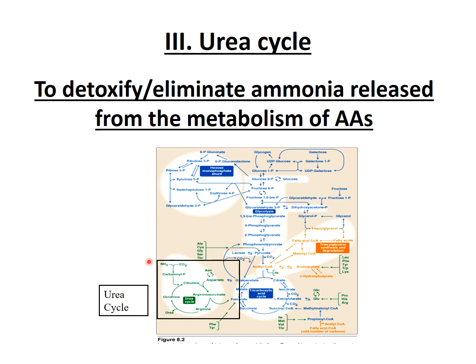We detoxify it through the urea cycle. Again, liver specific makes sense because liver can use these amino acids to produce glucose, to produce ketone bodies, in which process ammonia will be liberated in situ in the liver. So having the urea cycle there in the liver makes a lot of sense.